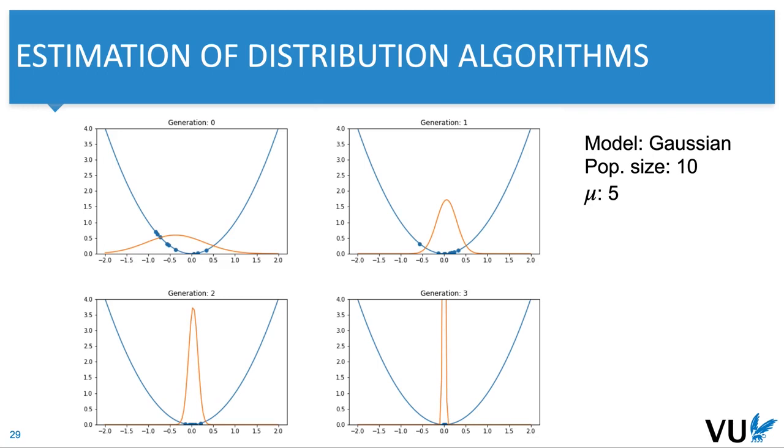And now you see that, oh wow, these points are getting closer and closer to 0. In fact, in generation 3, the fourth generation altogether, we are basically concentrated, almost like a delta peak around 0. This is our best solution, all right?